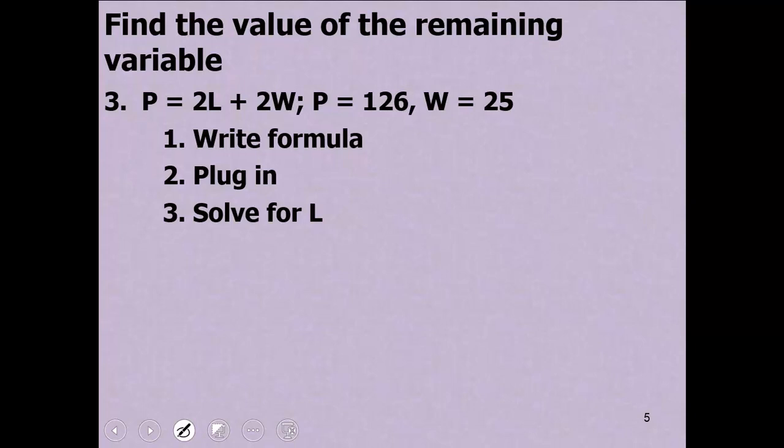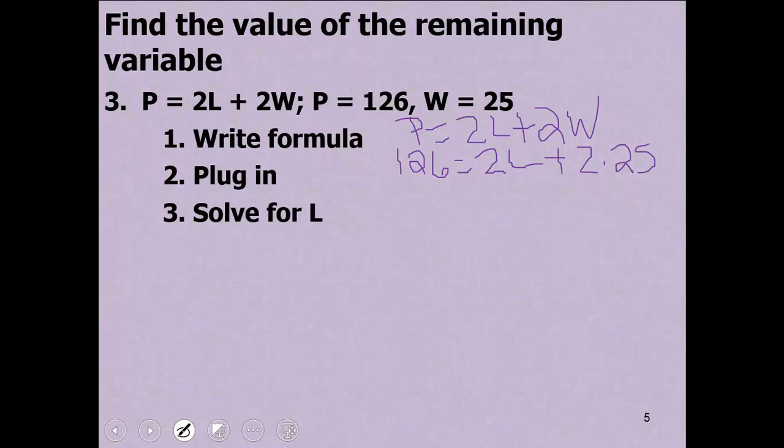All right, welcome back. I'm going to write my formula because that's what Mrs. Westrich wants me to do. Okay, then I'm going to plug in the values that I'm given. So I have 126 is equal to 2 times L plus 2 times W, which is 25. That's a 2.